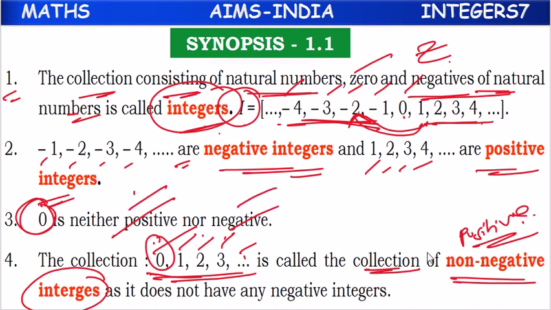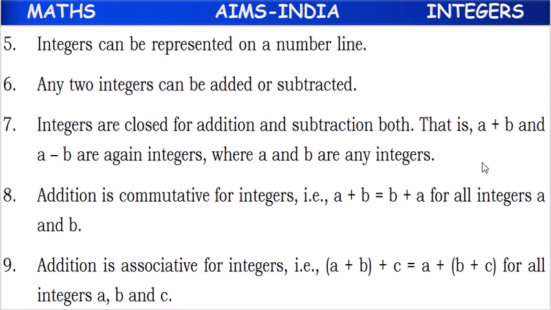That's why we call them non-negative integers, because it does not have any negative integers. These integers can be represented on the number line. Regarding that, we have already learned.